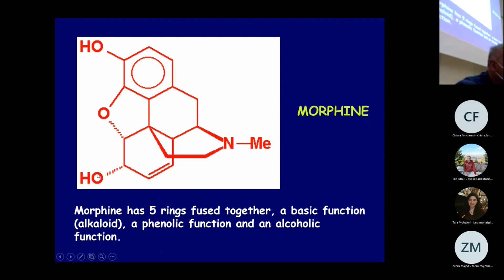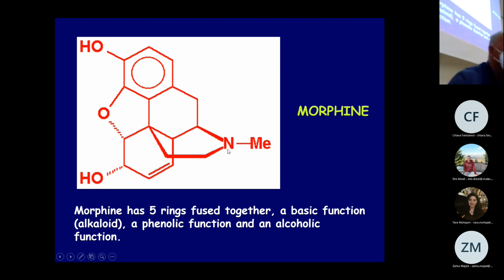This alcoholic group is different from the OH on the ring A, because the first is a phenolic function, the second is an alcoholic function. So A, B, C, ring B is a basic ring with a basic function, a nitrogen atom.